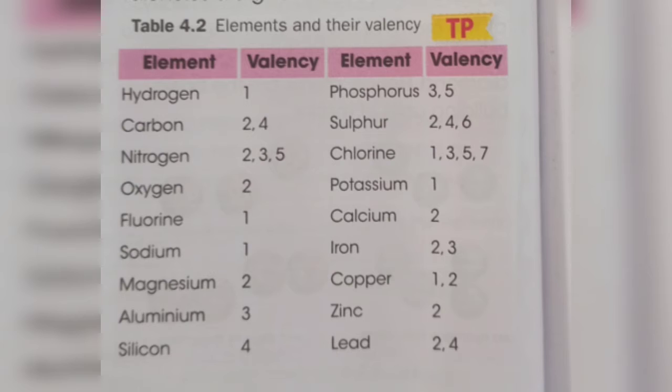Sulfur has 3 valencies. Come to chlorine. How many valencies does it have? Yeah, chlorine has 4 valencies. Potassium has 1 valency. Calcium 1 valency. Iron has 2 valencies. Copper has 2 valencies. Zinc has 1 valency. And lead has 2 valencies. These are the valencies of some elements. Clear about what is a valency?